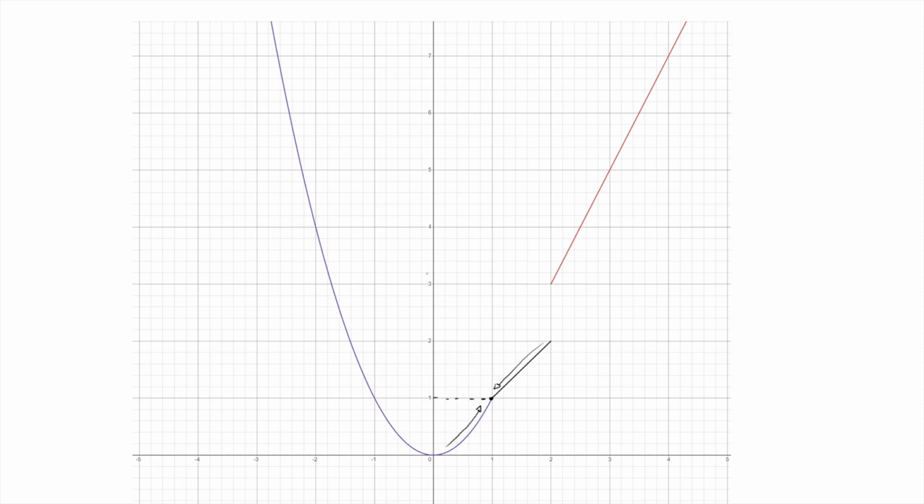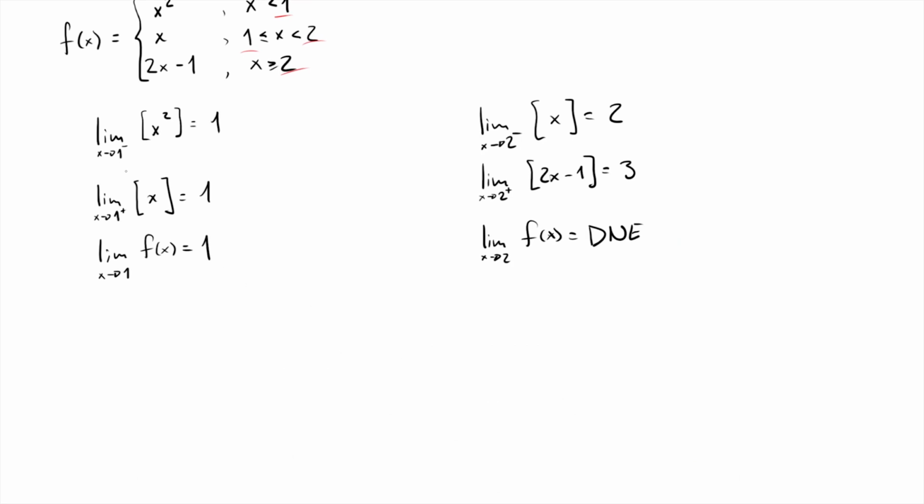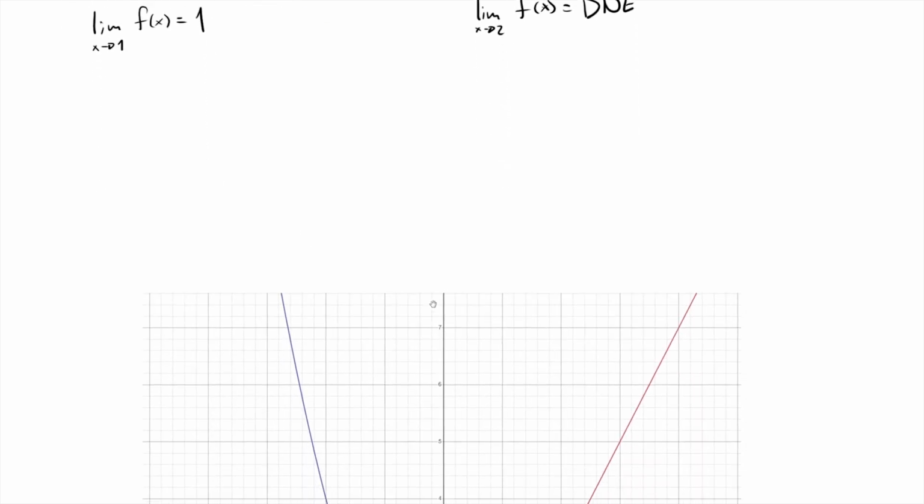And so when we take a look at our limits here, the limit as x approaches 1 from the left and from the right is equal to 1, and therefore the general limit exists and it's equal to 1.